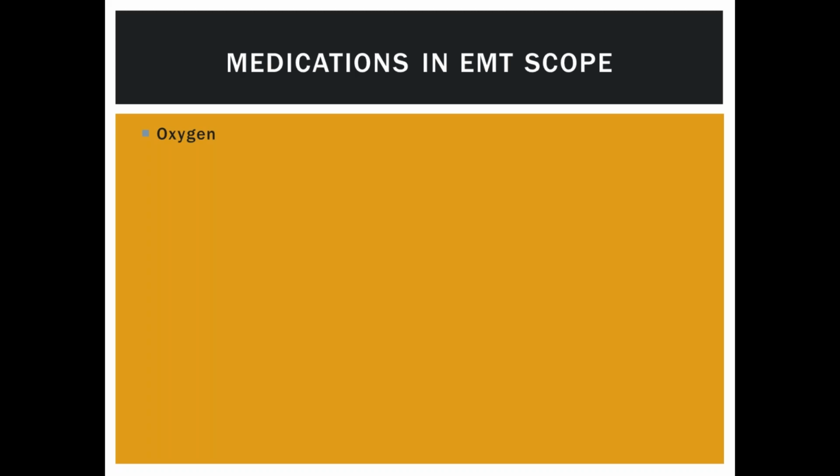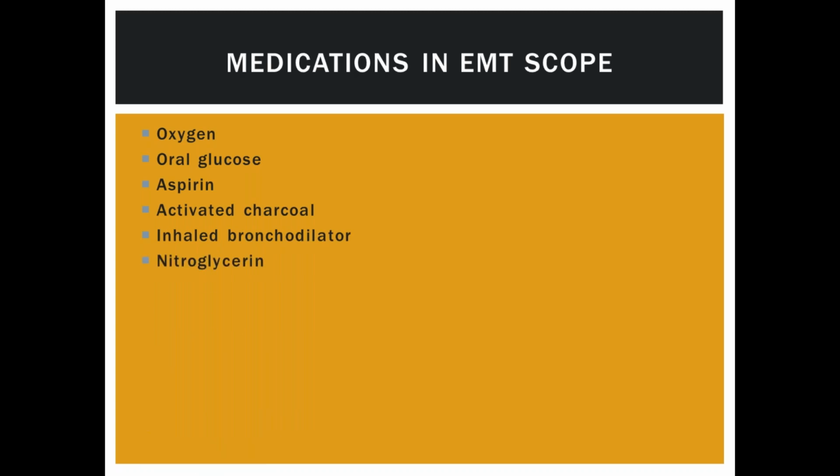So oxygen is a medication. Oftentimes we overlook that aspect, but we should be going through our five rights every time that we offer or administer oxygen. Oral glucose, aspirin, activated charcoal, inhaled bronchodilator, nitro, epinephrine, and then also Narcan.